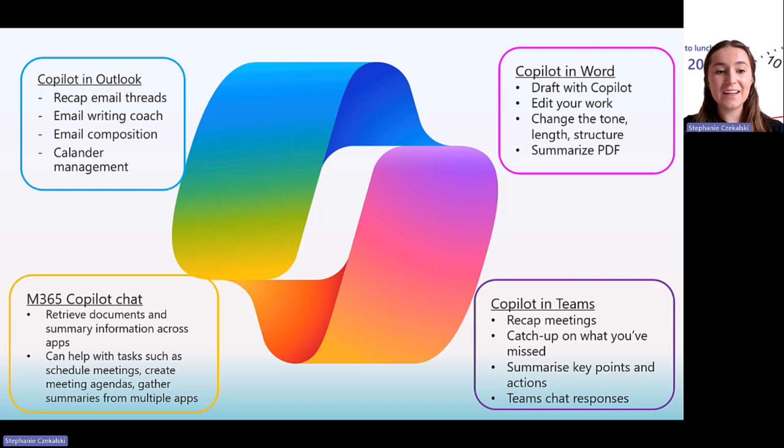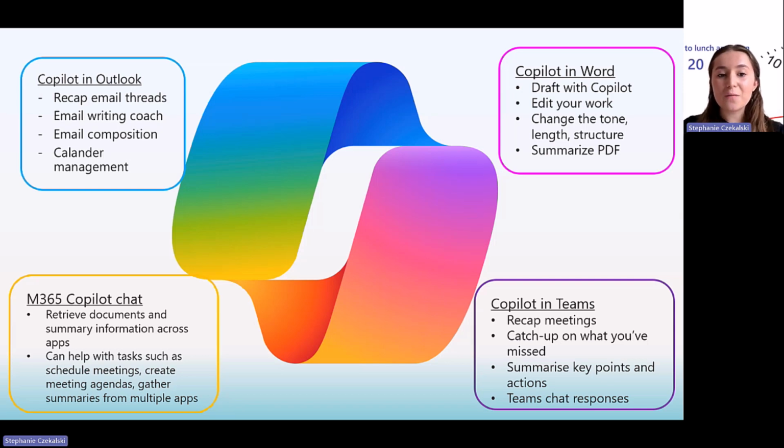M365 Copilot Chat works across all apps and really is a great way to get summary information from across different apps, such as your Teams chats, emails, meeting transcripts, all that sort of stuff. You can create meetings, you can create meeting agendas, and again, just gather information across these apps for a more overall view. And then Copilot in Teams, you can recap meetings while you're in them.